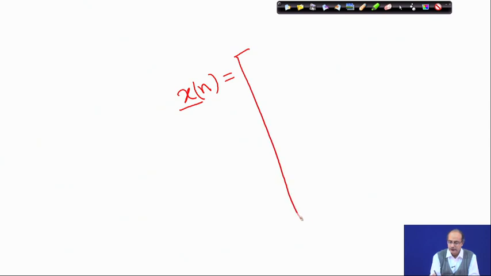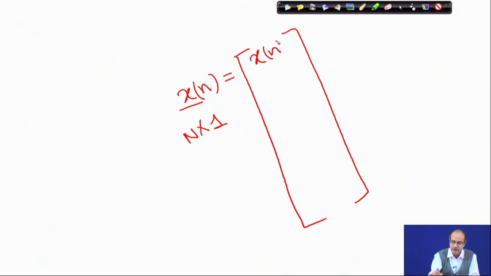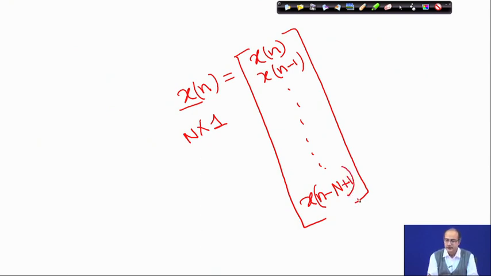It is a vector of dimension N by 1. x(n) is the latest sample, followed by the previous samples going up to x(n minus N plus 1). So it has N samples, and for that we compute this. In the same way we can write the other quantity, y(n plus k).